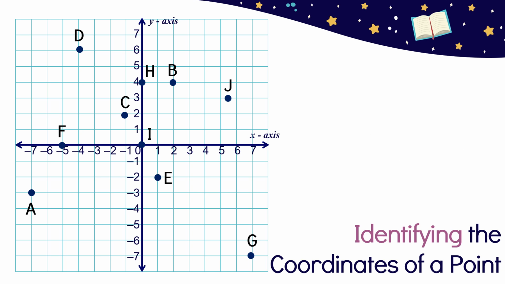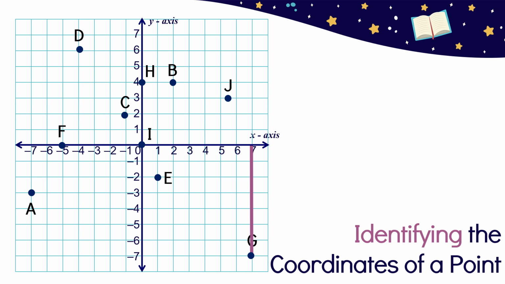Point F. For point F, notice that the point already lies on our x-axis. And we know that when a certain point lies on our x-axis, correct, the y-coordinate is 0. So therefore, the coordinates of point F are -5, 0.